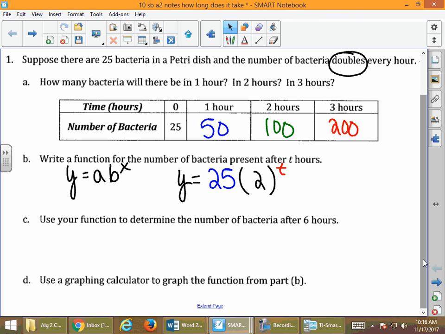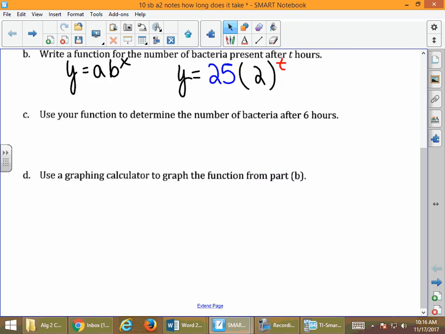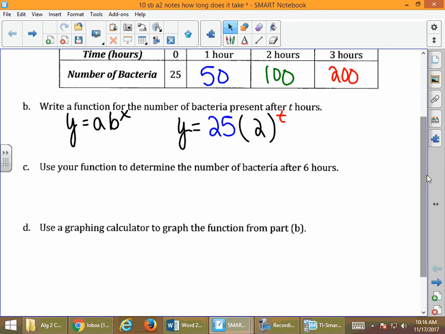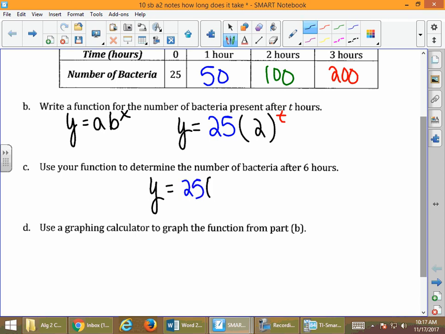So now that we've got a function written for this, let's use our function to determine the number of bacteria after 6 hours. And the nice part for people who don't have a calculator here is you can figure this one out in your head. I'm not naive to that fact. But in this particular problem, what we're going to type in is 25 times 2 to the 6.